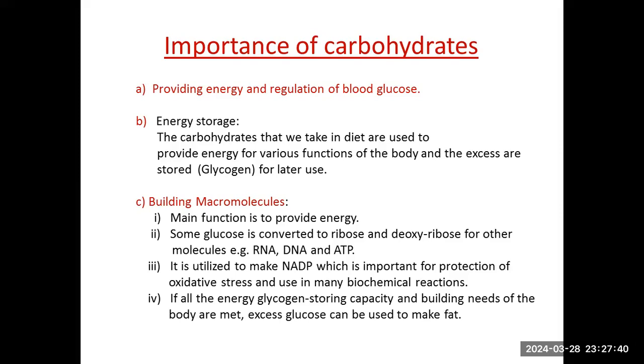It is utilized to make NADP. NADP is a coenzyme, nicotinamide adenine dinucleotide phosphate, which is important for protection against oxidative stress and is used in many biochemical reactions. If all the energy and glycogen storing capacity and building needs of the body are met, excess glucose can be used to make fat.